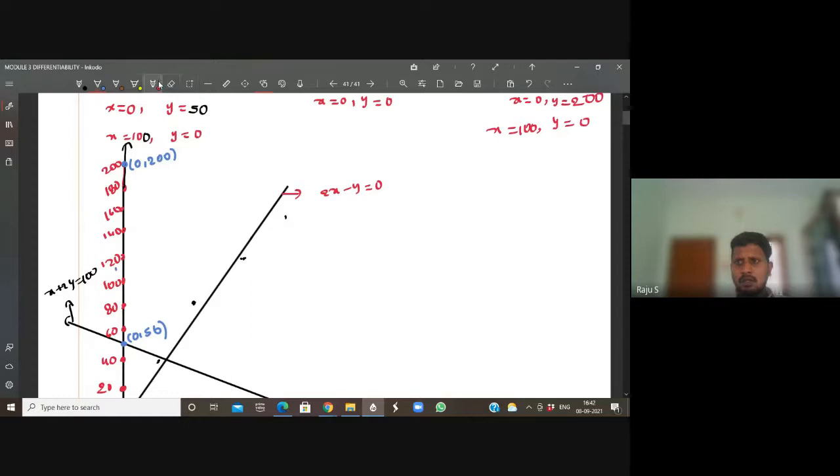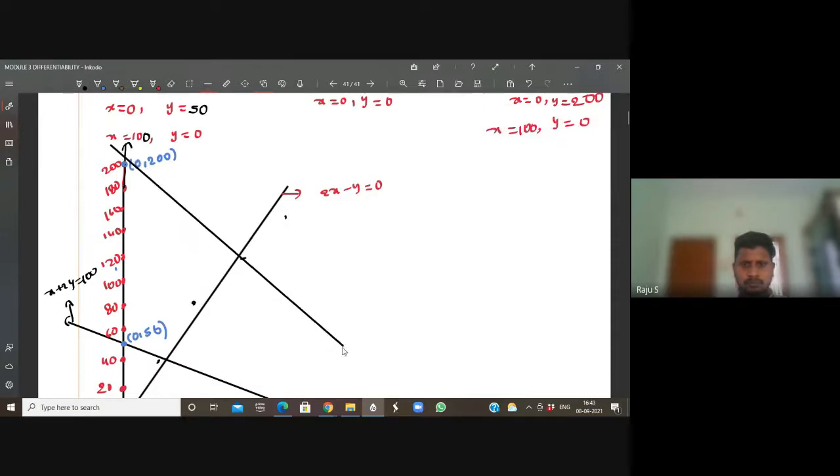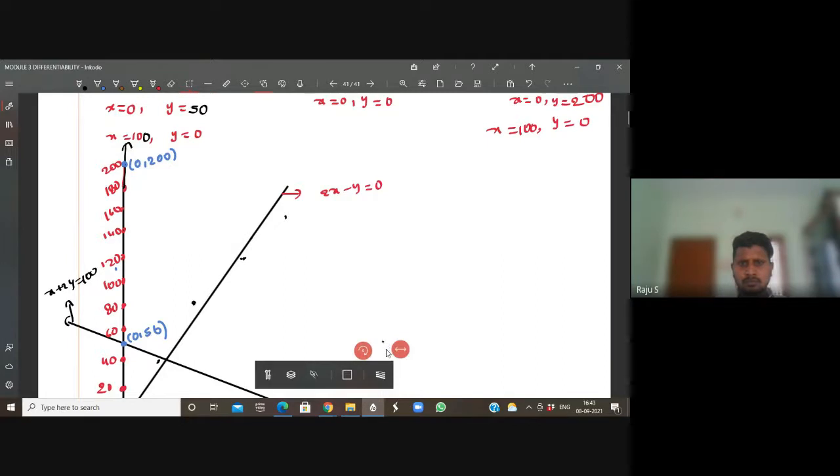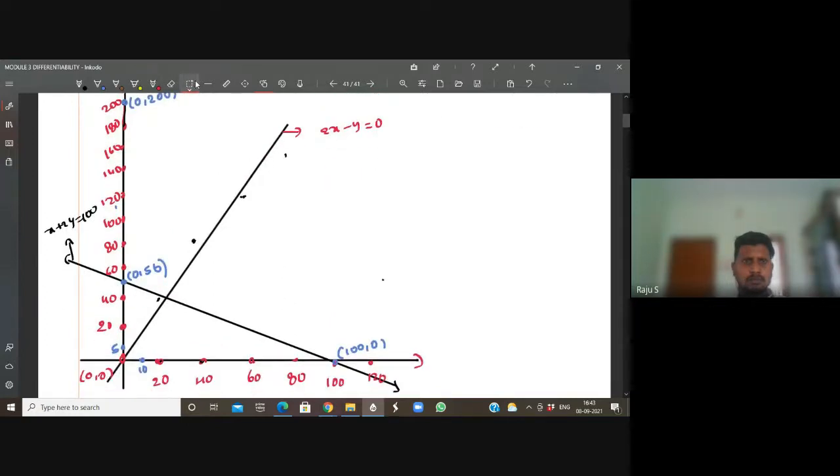You can join these two points. This line is 2x plus y is equal to 200.